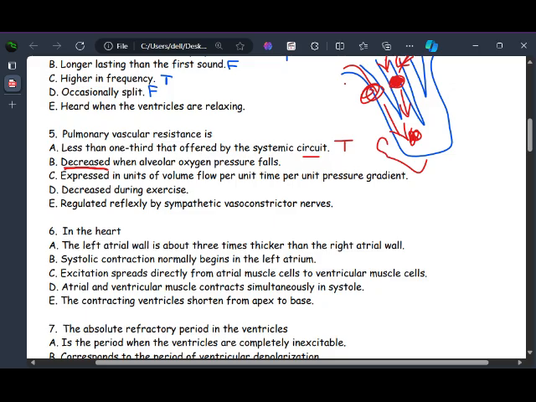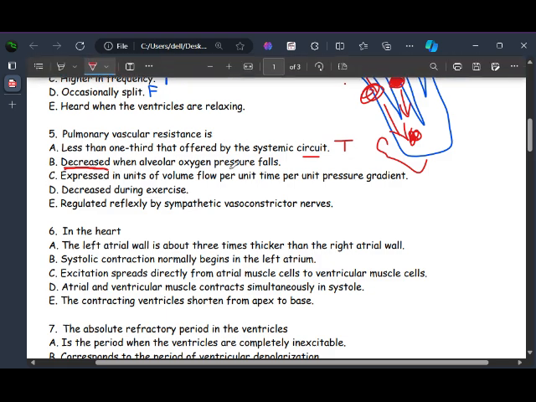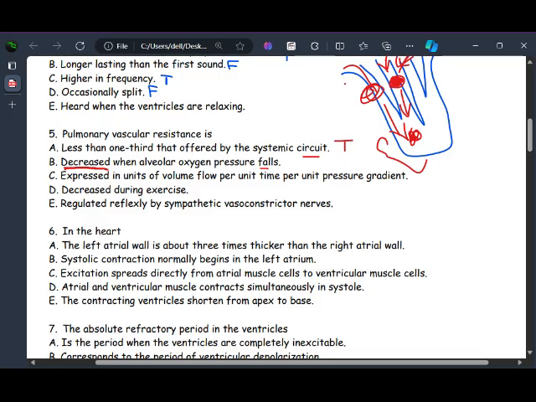So just one thing to spot is that the resistance in the pulmonary circulation is going to be increased when the oxygen pressure falls. So it's another inverse relationship between the partial pressure of oxygen and the pulmonary vascular resistance. Pulmonary vascular resistance and oxygen partial pressure in the alveoli are inversely proportional.